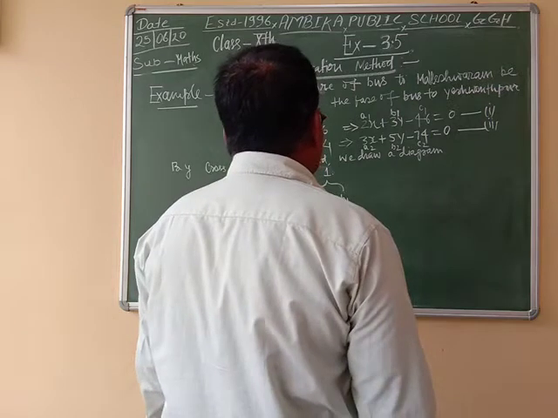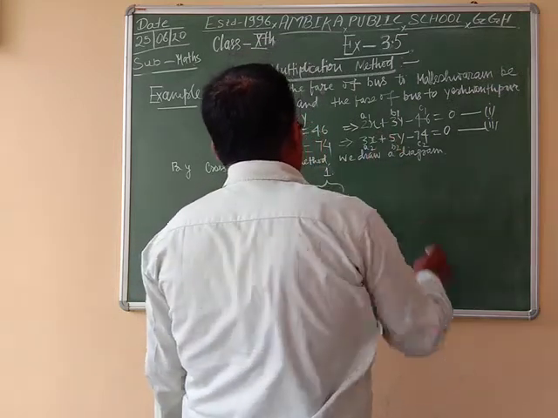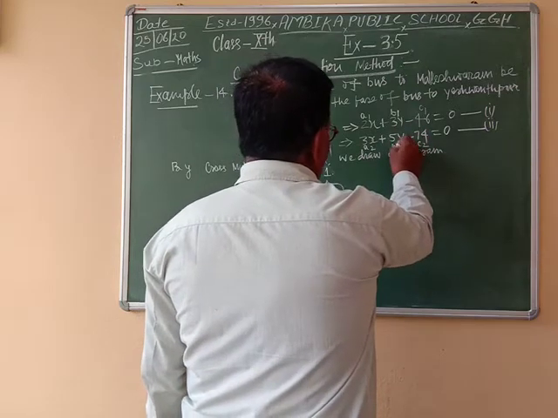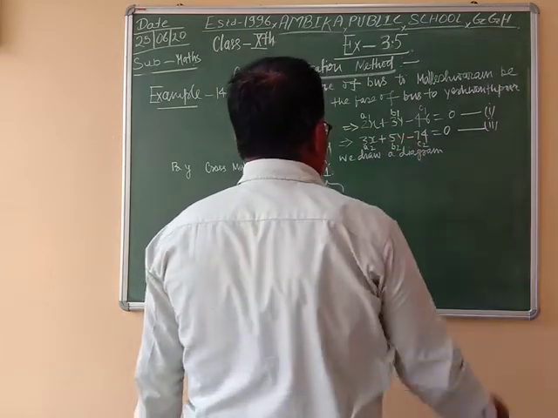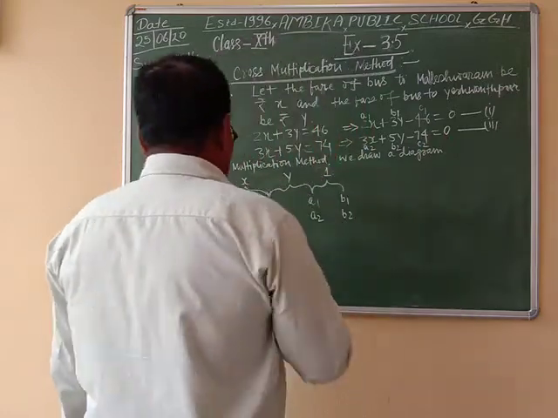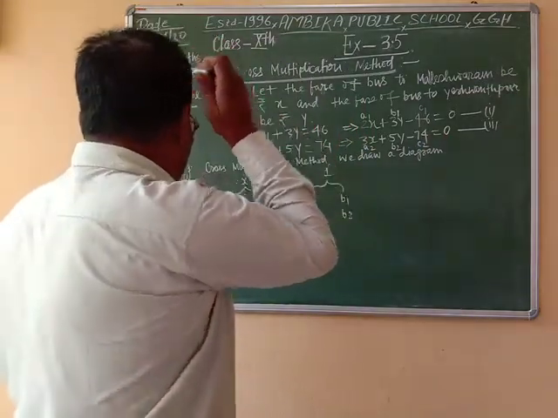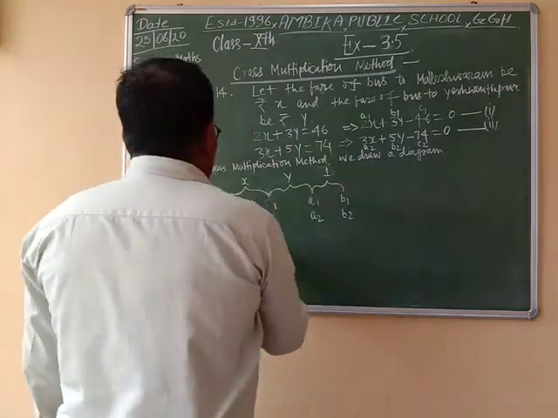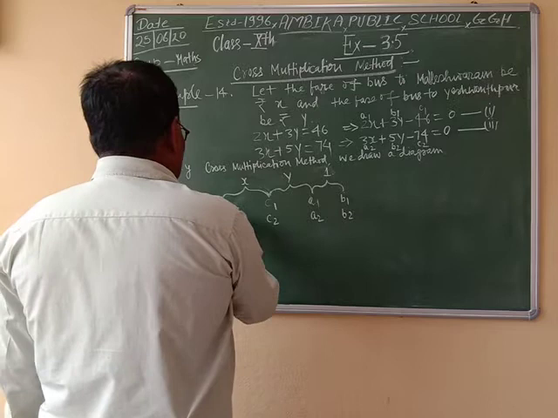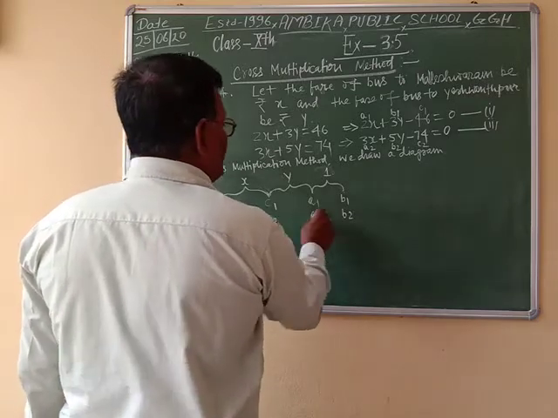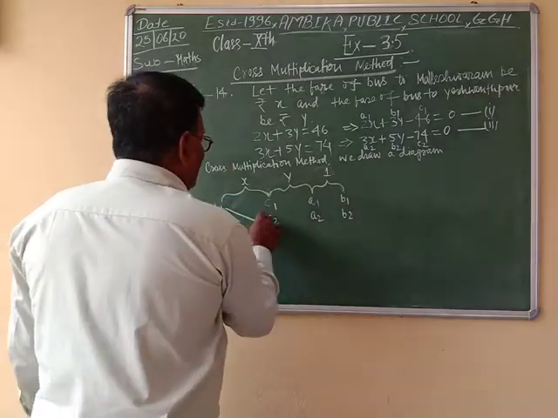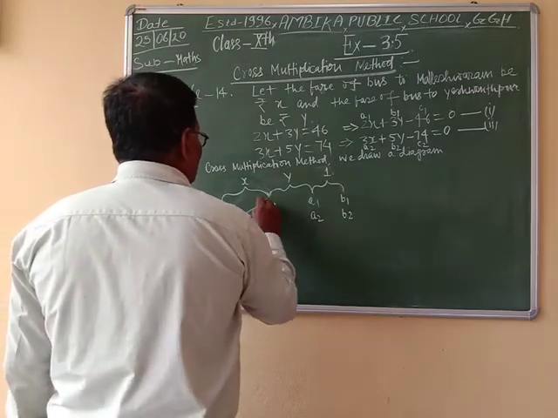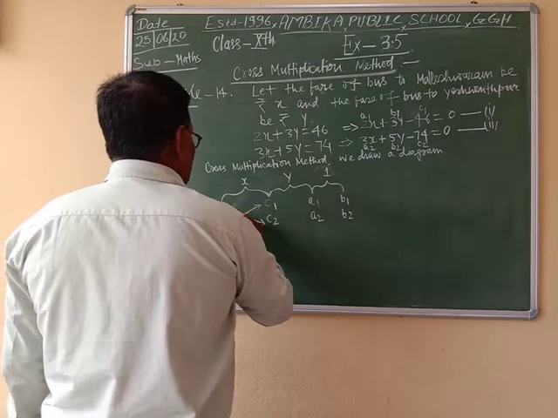And in equation number 2, similarly, the coefficient of x is a2, the coefficient of y is b2 and the constant term is c2. We draw a diagram and write b1 c1 a1 b1, and below we write b2 c2 a2 b2, and we draw arrows.